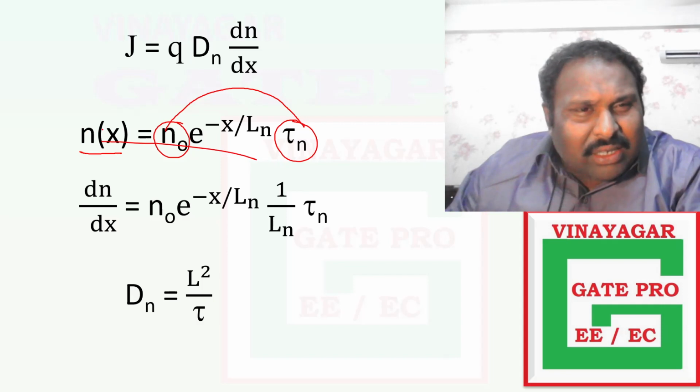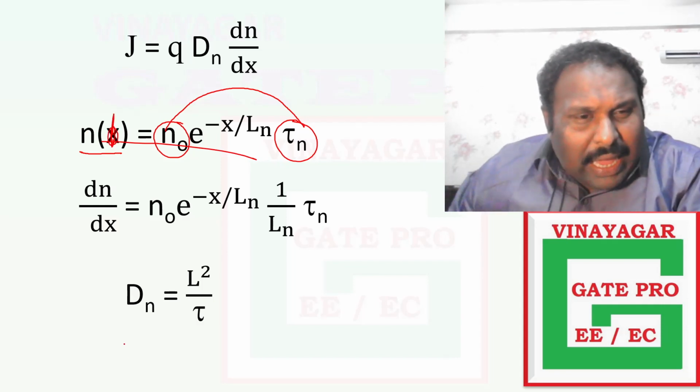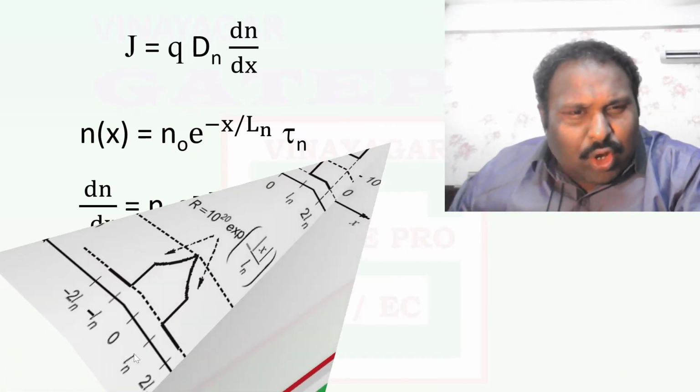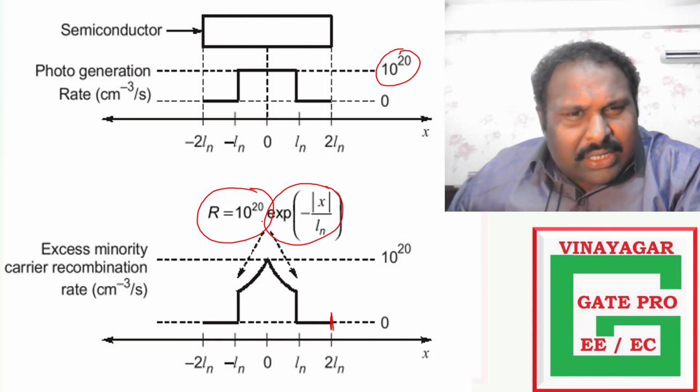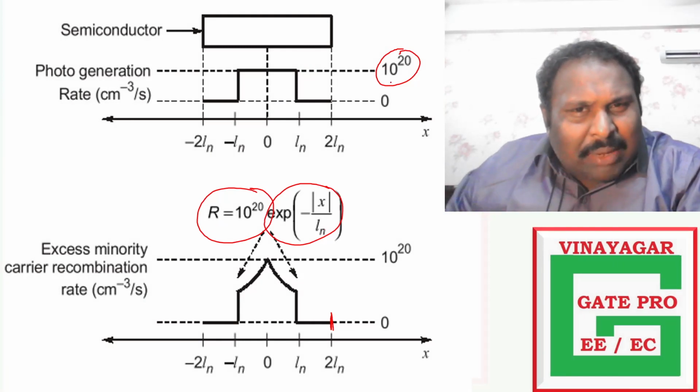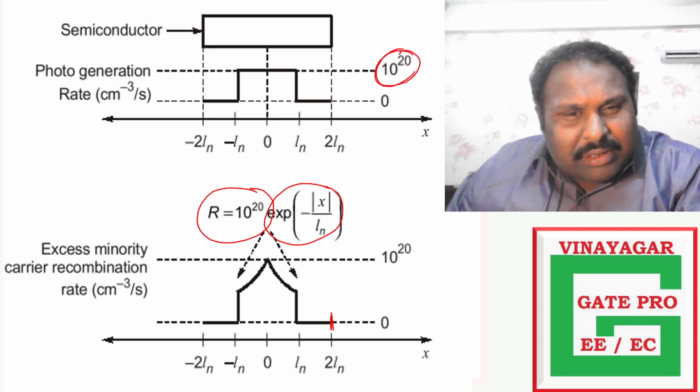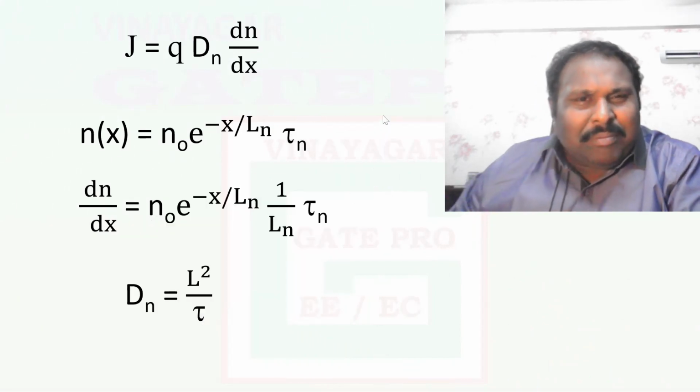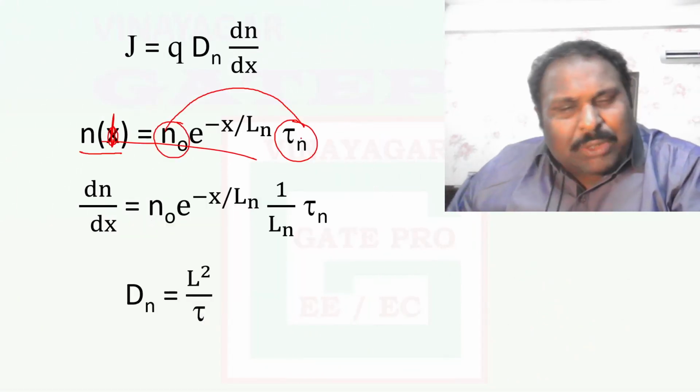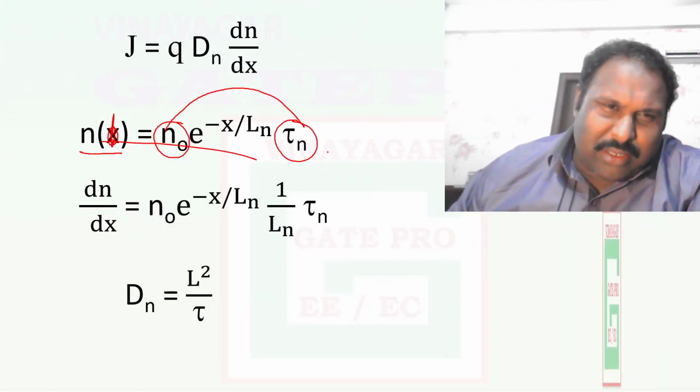But along the length, it's not at x equal to 0. Along the length, because of recombination, it is e power minus mod x by Ln. So 10 power 20 is the generation rate multiplied by the lifetime tau n, exponentially decaying with e power minus x by Ln.